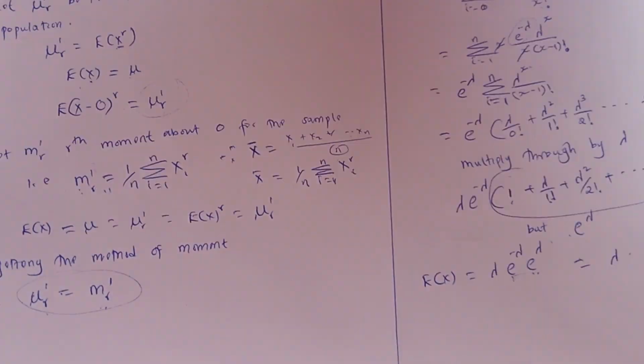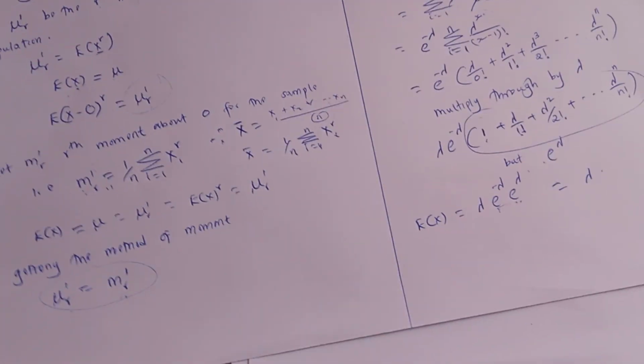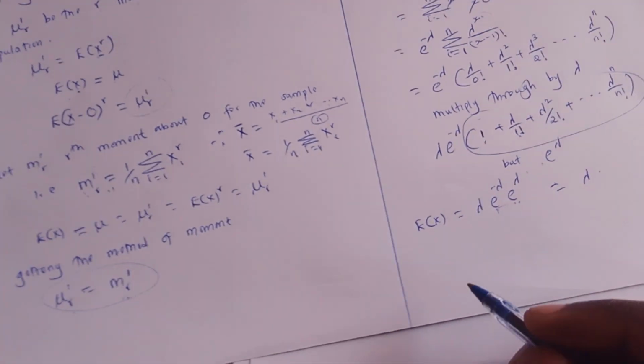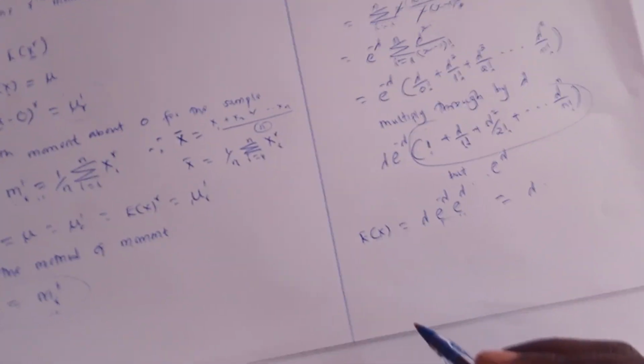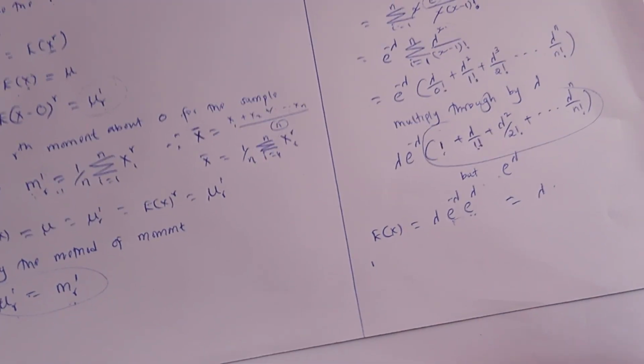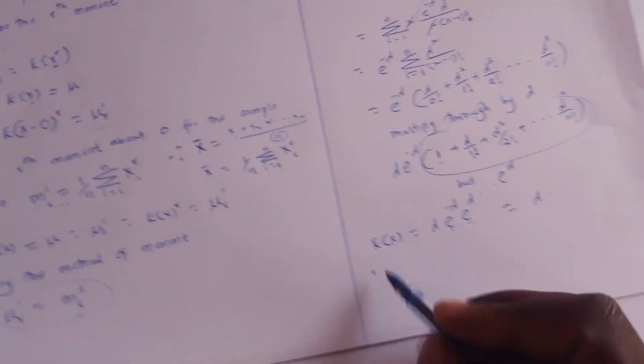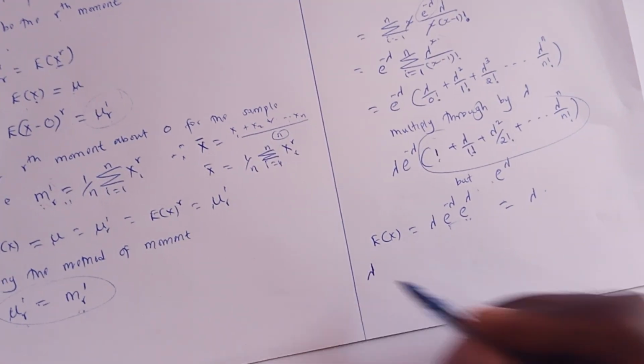So now that we have finalized the mean, let us look at the second moment. The second moment is what we normally relate to the variance, but variance is also lambda for a Poisson distribution.